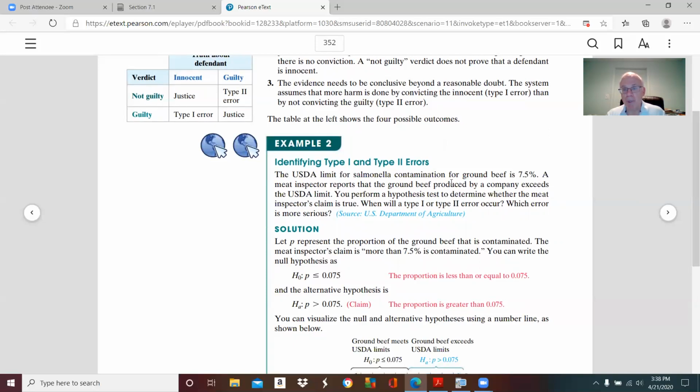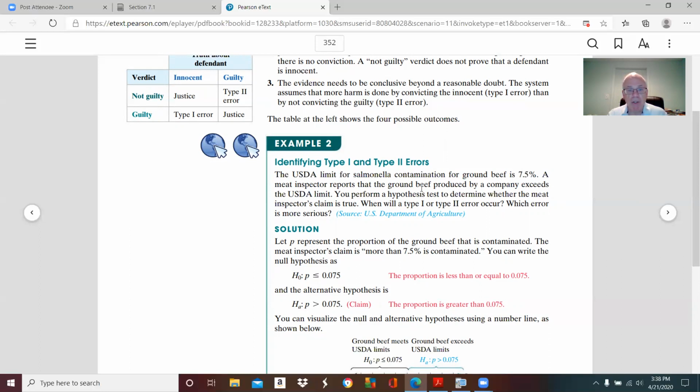So they test a sample of it, and if they're doing their job, the limit of salmonella poisoning in ground beef should be 7.5%. In other words, out of all the beef that's examined, 7.5% of it could have salmonella. That means 92.5% would not. So that's a limit there.